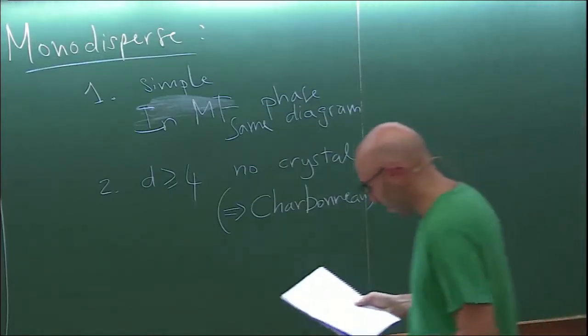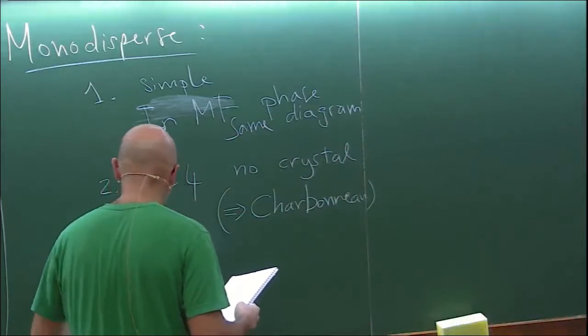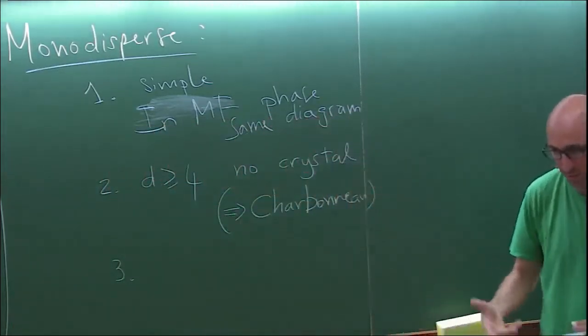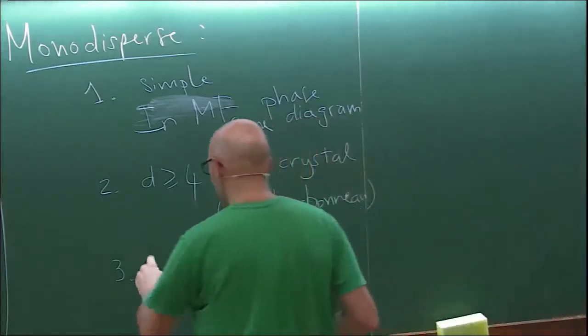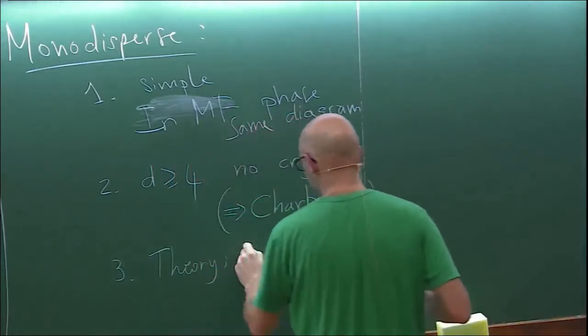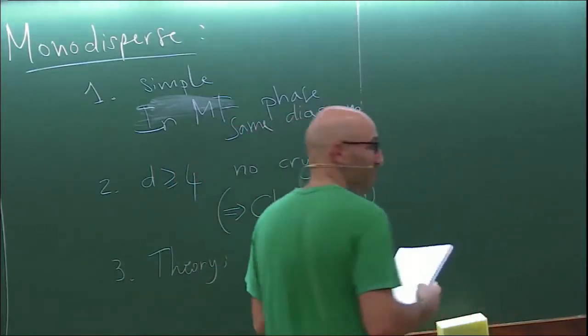But if not, we can discuss this in some tutorial. And the third reason is that in the theory, even if your system is crystallizing in a simulation or in an experiment, in the theory you can always select the liquid. So the liquid is a metastable phase.